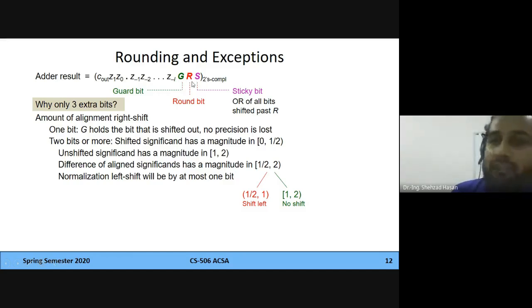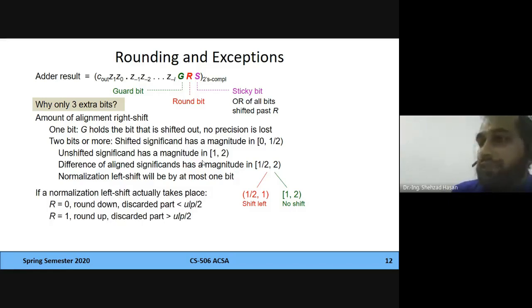Two bits are enough, but sometimes this guard bit becomes part of your answer. And if it does, then you need at least two bits to find out what the next value should be that is added to this, so the number has an error less than unit of least precision by 2. So that's why we have 3 bits.